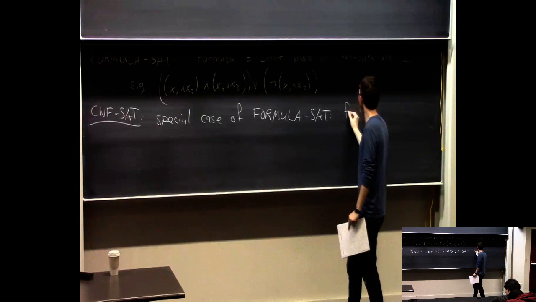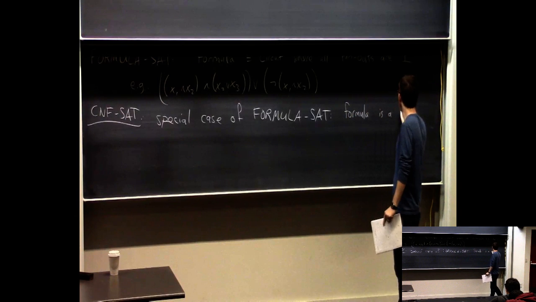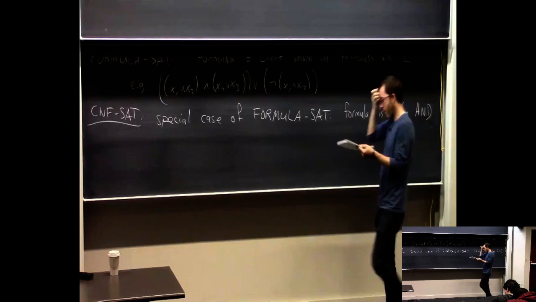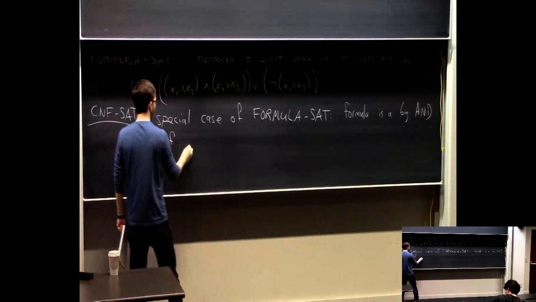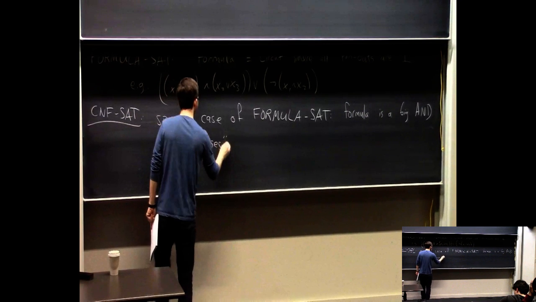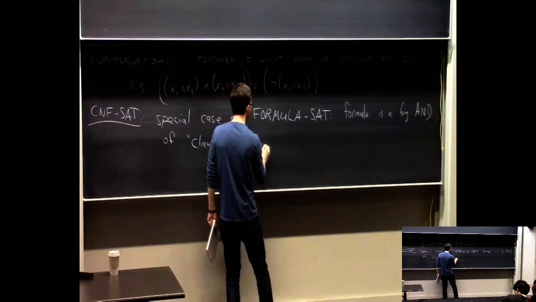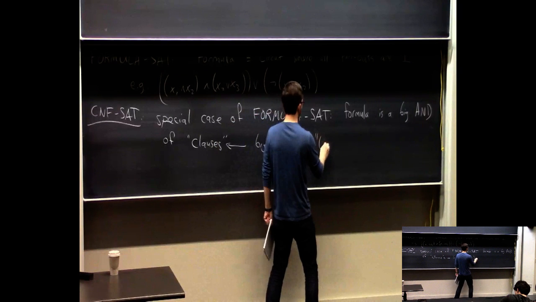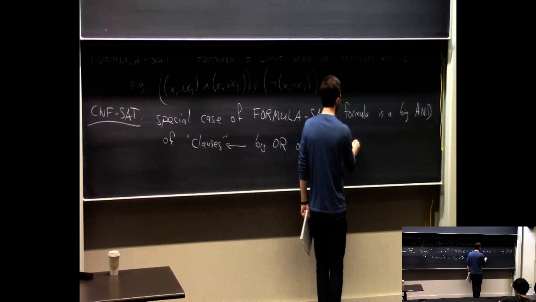You're promised that not only is the input a formula, the formula is a big AND of things called clauses. What's a clause? A clause is a big OR of literals. Unfortunately, you are obliged to learn all this terminology.